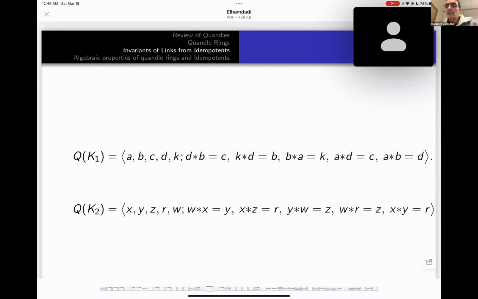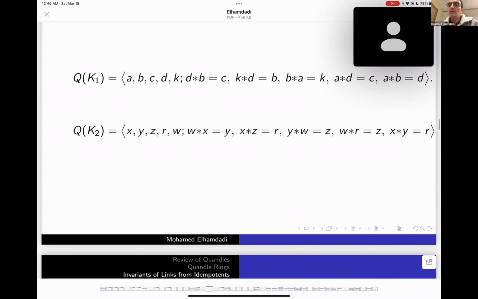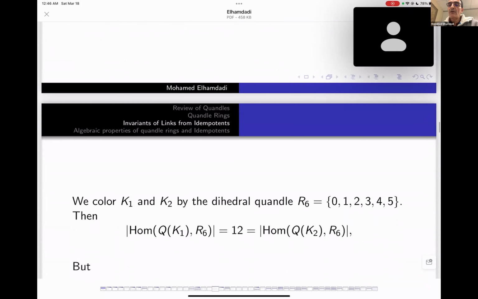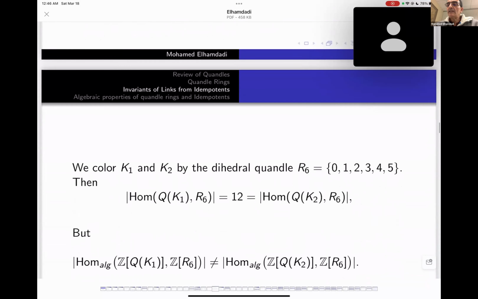This is a presentation. And then what we do is we focus on a specific quandle, and we consider homs from the fundamental quandle into that quandle. It's easy. First, we consider the dihedral quandle with 6 elements. It's just the integers mod 6.